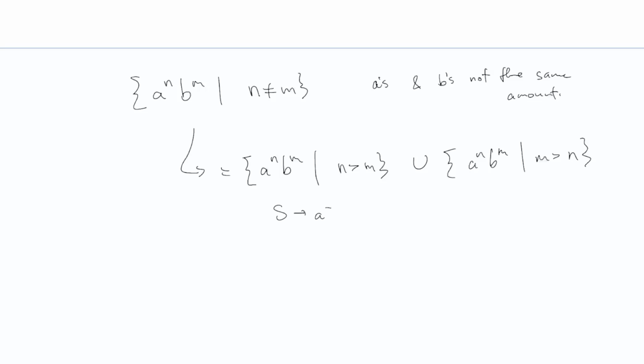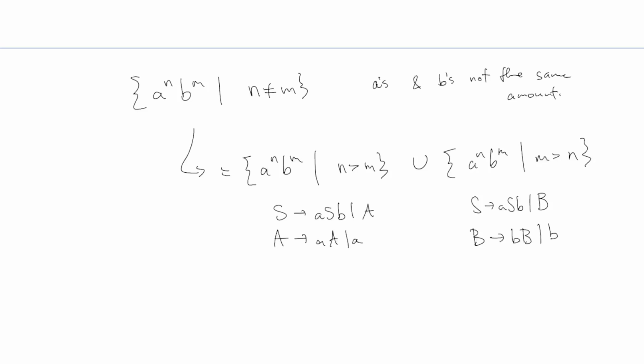I'm going to write it as S goes to ASB or the big A. This is just a little less confusing to me, right? Balanced, but then there's extra A's. And then the other one is balanced, but there's extra B's. So this one would look like S goes to ASB or big B. Big B goes to A, not A, B. I'm trying to make extra B's here. B, or B. Too many B's.